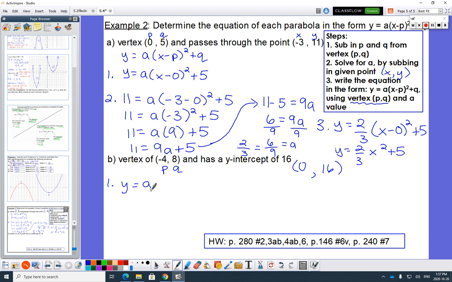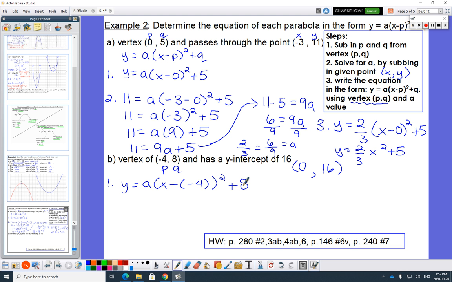Plug P and Q into vertex form. I chose a negative P here on purpose. So it's up to you. So this negative becomes positive.